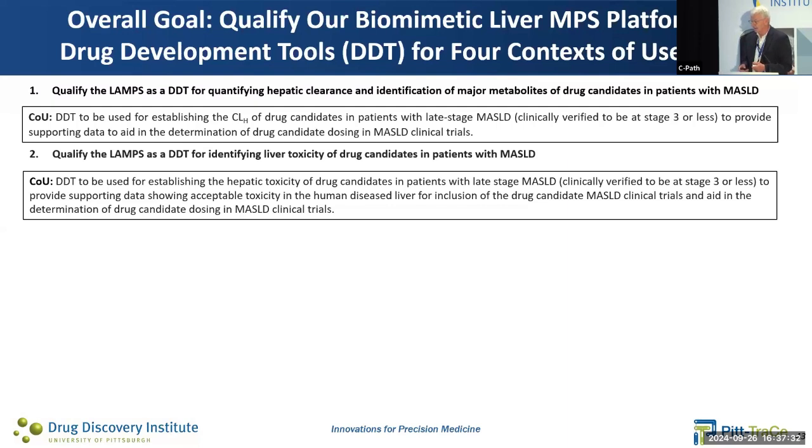The second context of use for the LAMPS is to establish hepatic toxicity of drug candidates in the patient population with MASLD to provide data to show acceptable toxicity in the human disease state for inclusion in the MASLD trials, also to aid in the determination of candidate dosing or dose limits in that population.